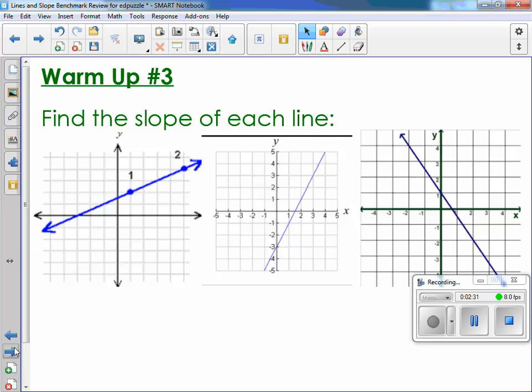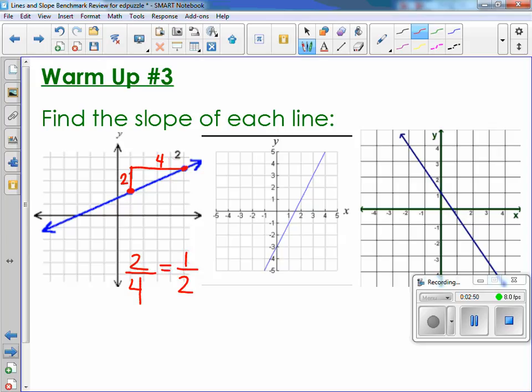All right. Next is going to be finding slope from a graph, and to do this you need to find 2 good points. They need to fall exactly on the grids. So you count your rise, you count your run. So the slope of that line is rise of 2, run of 4, and that simplifies to 1/2.